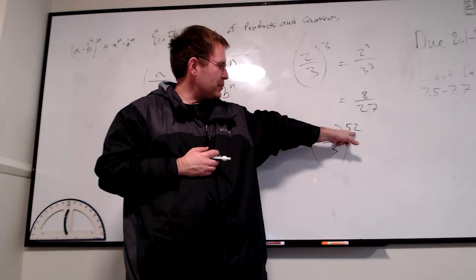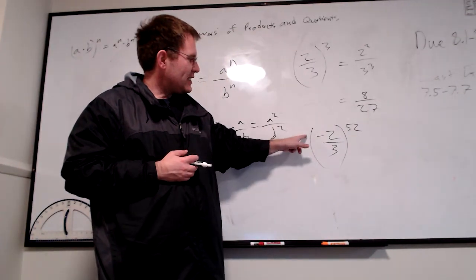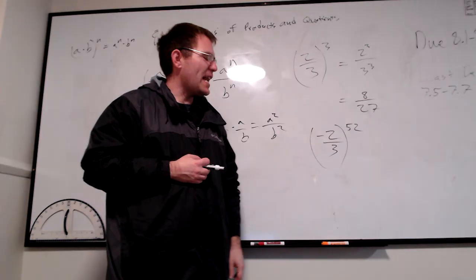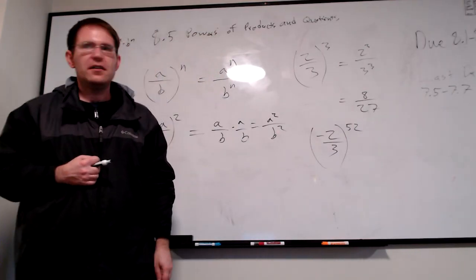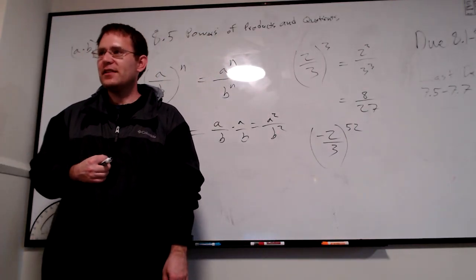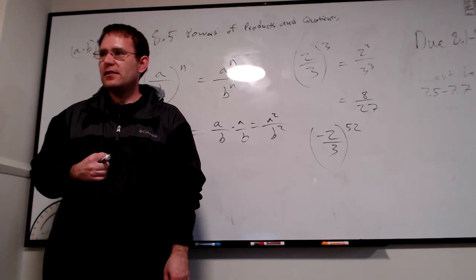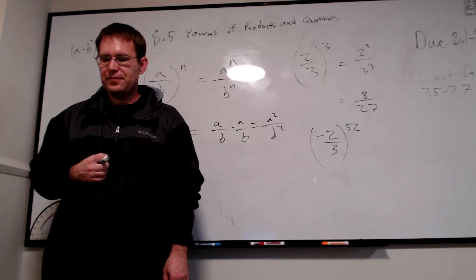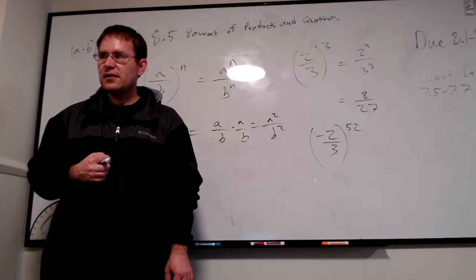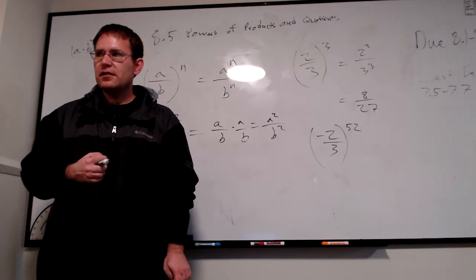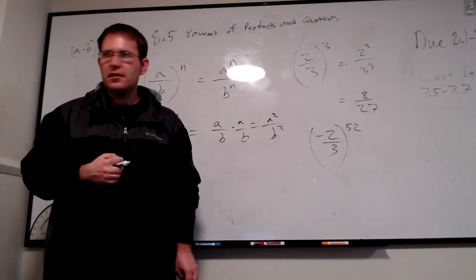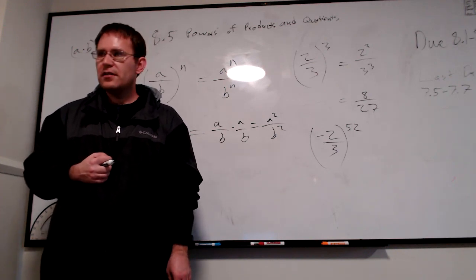If we have this exponent here, is this number going to be positive or negative? Positive. Why? Because it's still surrounded by the parentheses, so you have negative 2/3 times negative 2/3, 52 times.